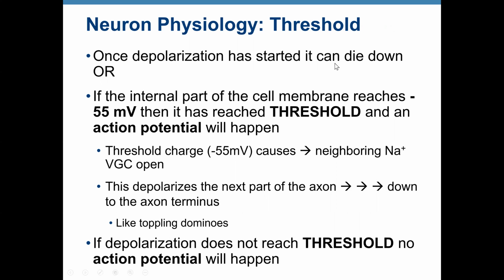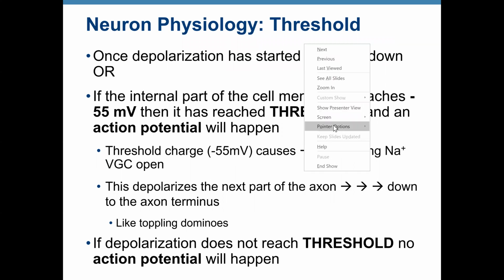If it's a very, very slight touch, not enough sodium moves in, so the threshold is not reached. That's a local depolarization, and it dies. But if the cell membrane reaches minus 55, it reaches threshold, then the action potential will happen.